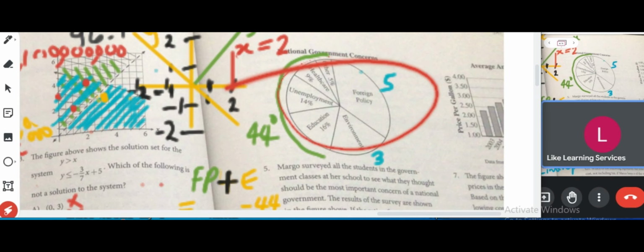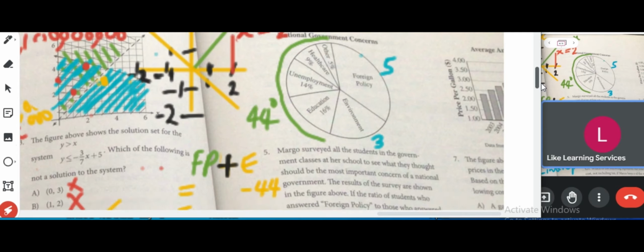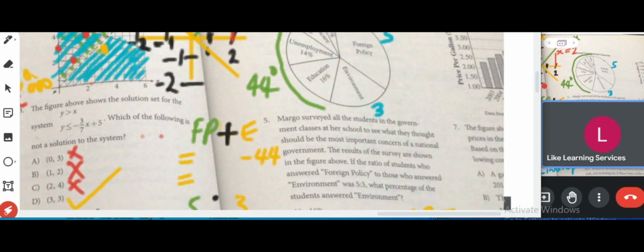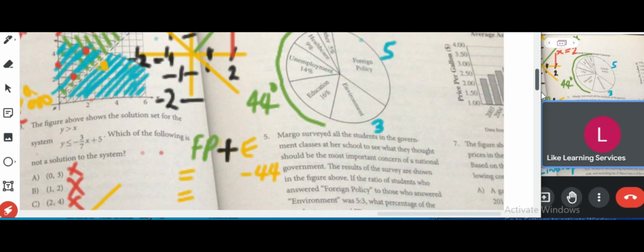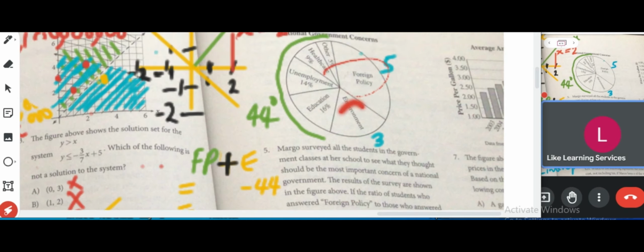Remember, the question is asking us to find the percentage of the students who answered environment. And we are told that the ratio of foreign policy to environment is 5:3.